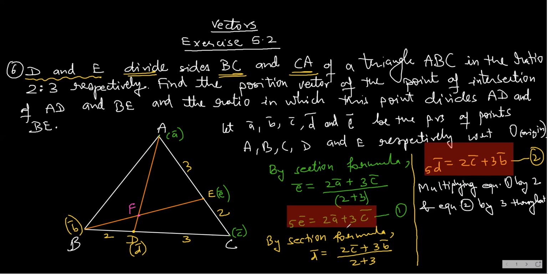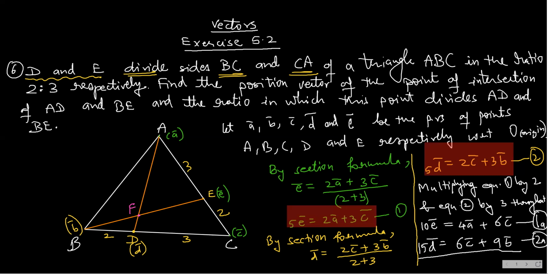So when you multiply equation 1 by 2, you get 10 E bar equals 4A bar plus 6 C bar. I write this as equation 1A. Okay. And here you get 15 D bar equals 6 C bar plus 9 B bar. This is 2A.